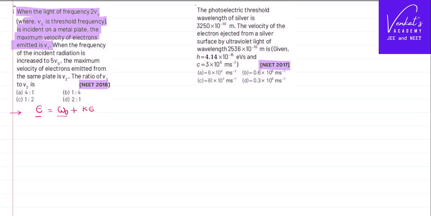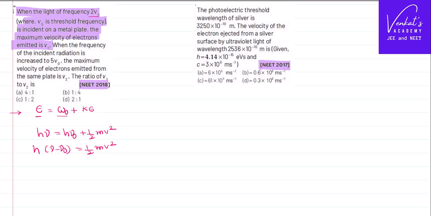This is Einstein's photoelectric energy equation. So E can be written like h nu, work function can be written like h nu naught, kinetic energy is half mv square. So h of nu minus nu naught equals half mv square.